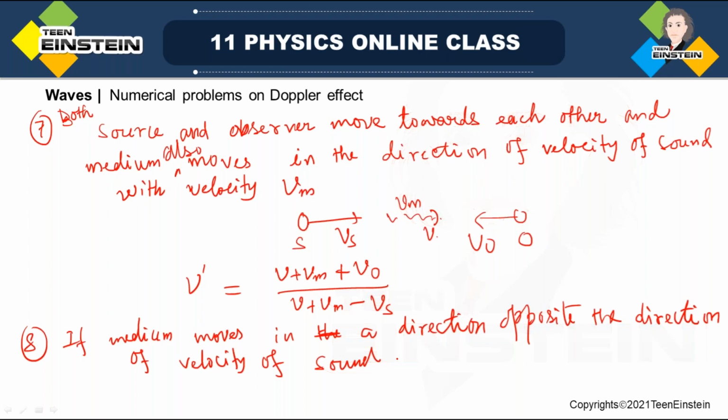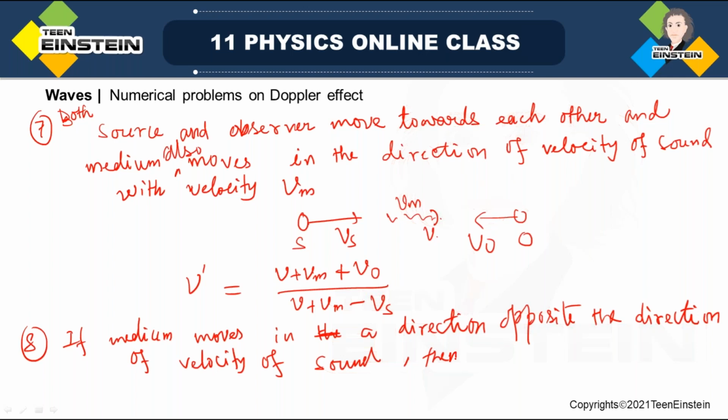Here this can be plus, and this also can be plus or minus. I'm writing plus: V plus Vm, this is plus or minus Vs. So these are the formulas.